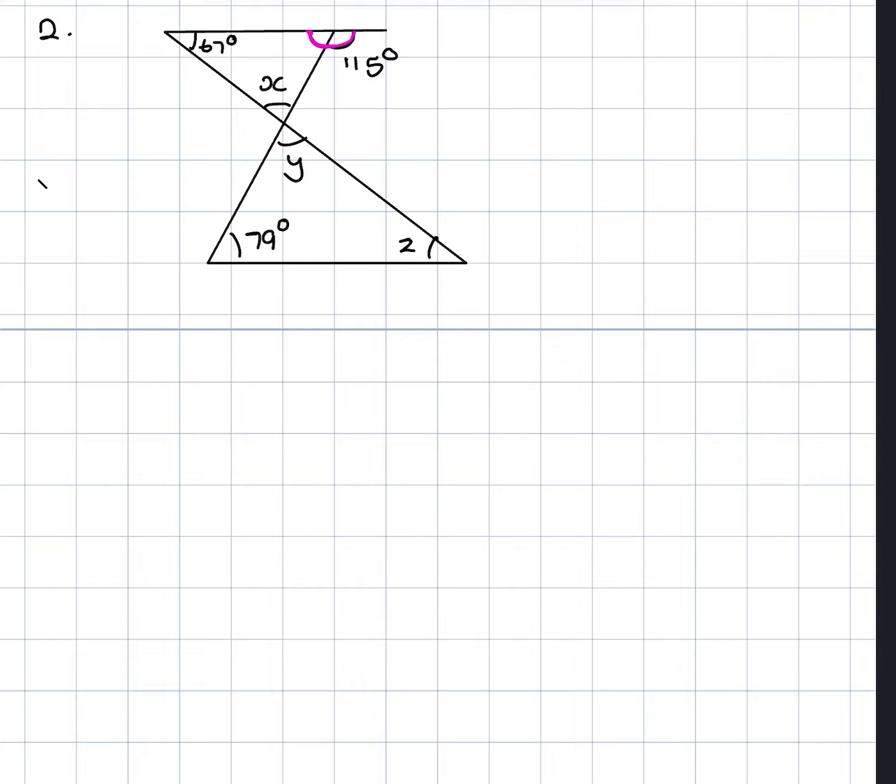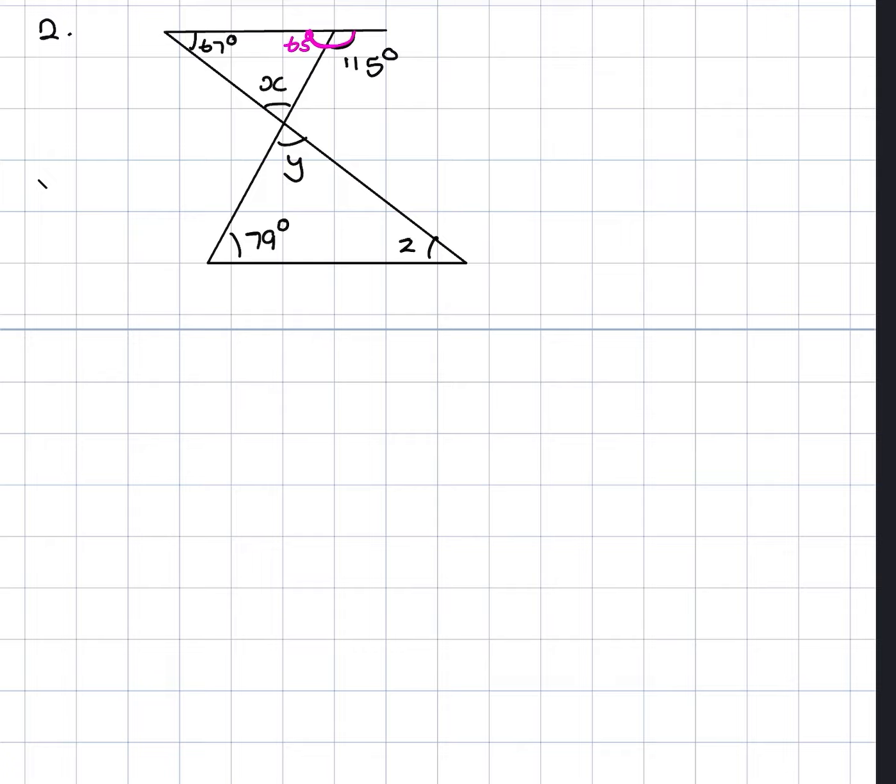What is 180 degrees minus 115? It is 65, so this angle will be 65 degrees. Now that we have 65 and 67, it will be possible for us to find x.